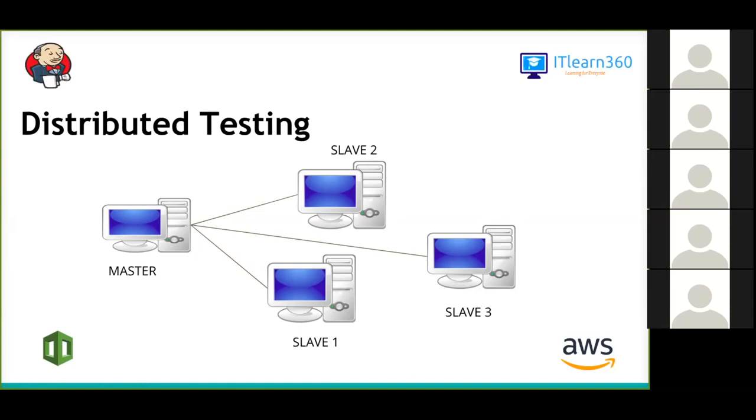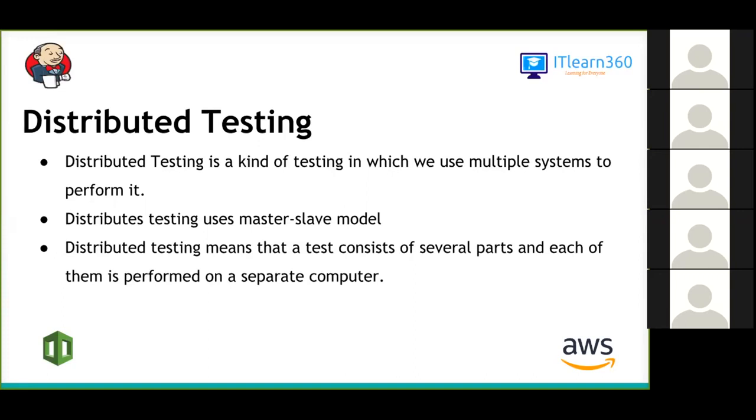Now let's see some technical definitions of distributed testing. It's a kind of testing in which we use multiple systems to perform it. This testing follows the master-slave model, where you have one master node where your task is assigned, and you divide the task among different slaves and ask them to perform a particular activity.